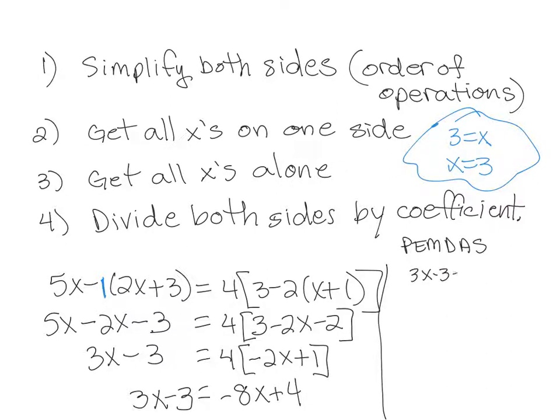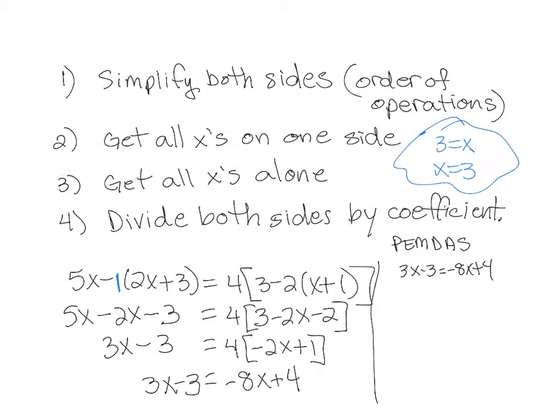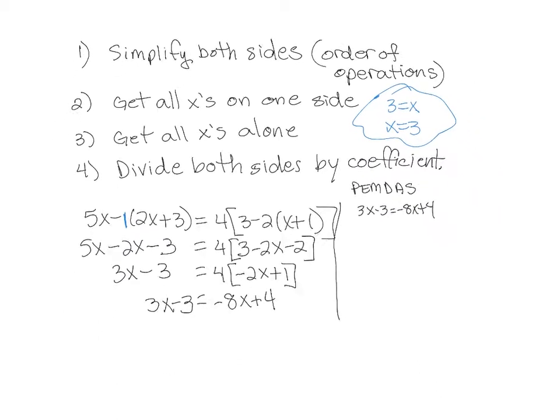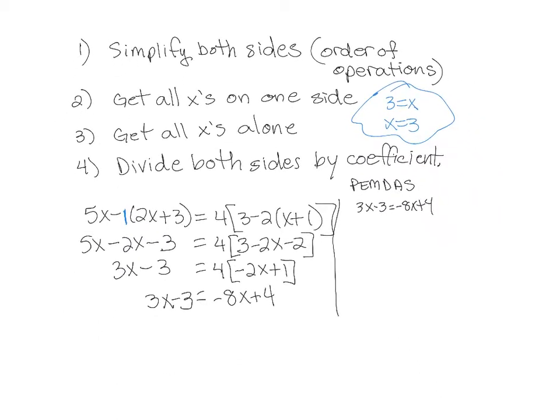3x minus 3 equals minus 8x plus 4. You guys probably can't see the bottom of this where I'm writing, so there you go. So I want to add 8x's, add 8x's.